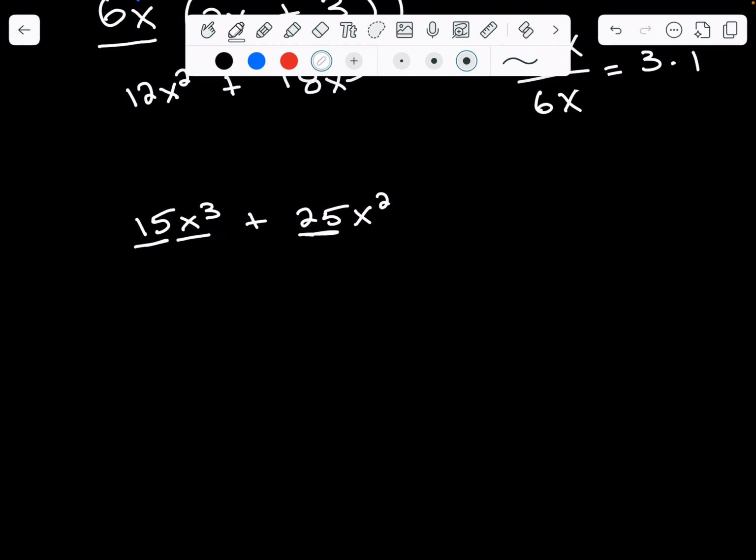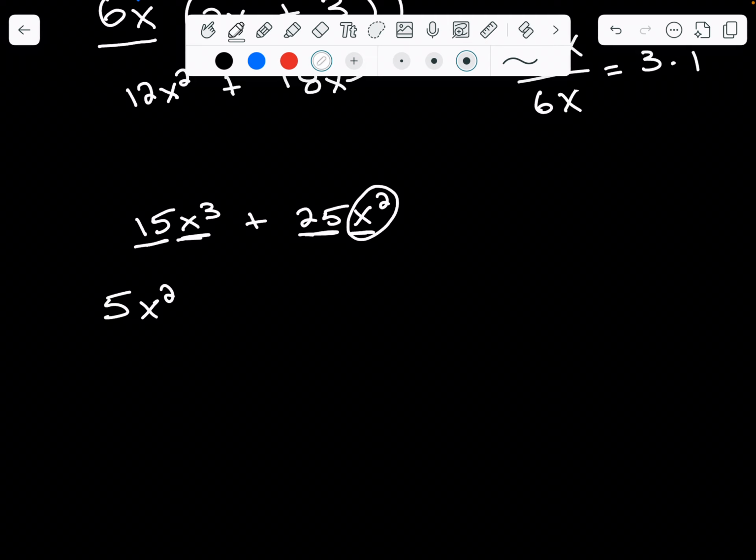And what's the largest variable and exponent that goes into x cubed and x squared? Well, the smallest one, in this case x squared, is always going to be the greatest common factor for your variables. So we know that x squared is our greatest common factor. So what are we left with? Well, 5 is the largest coefficient that goes into both numbers, and x squared is the largest variable that goes into our variables.